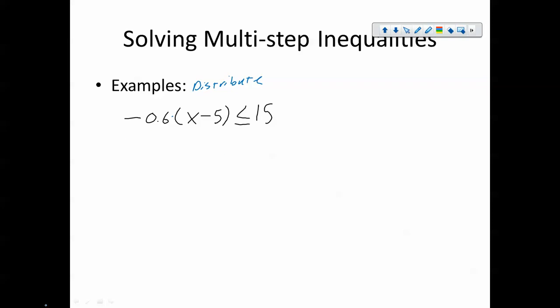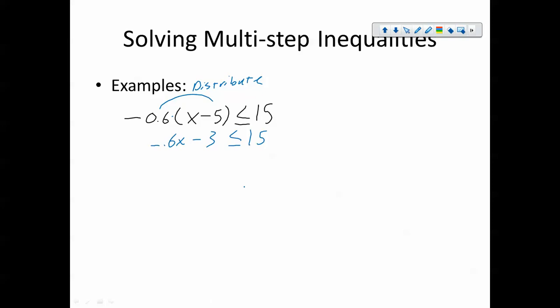So I'm going to distribute negative 0.6 and get negative 0.6x. And then negative 0.6 times negative 5, I gotta do this one on my calculator. That's negative 3. So this is less than or equal to 15.